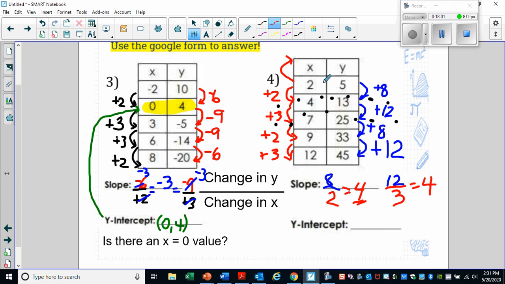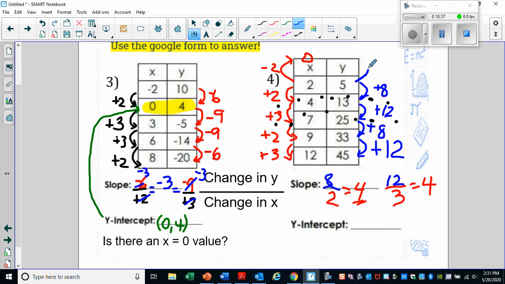So we want to go from 0 to 2, and 0 is here. From 0 to 2, we would go up 2, or in this case, since we're going backwards from 2 to 0, 2 minus 2 would give us 0.